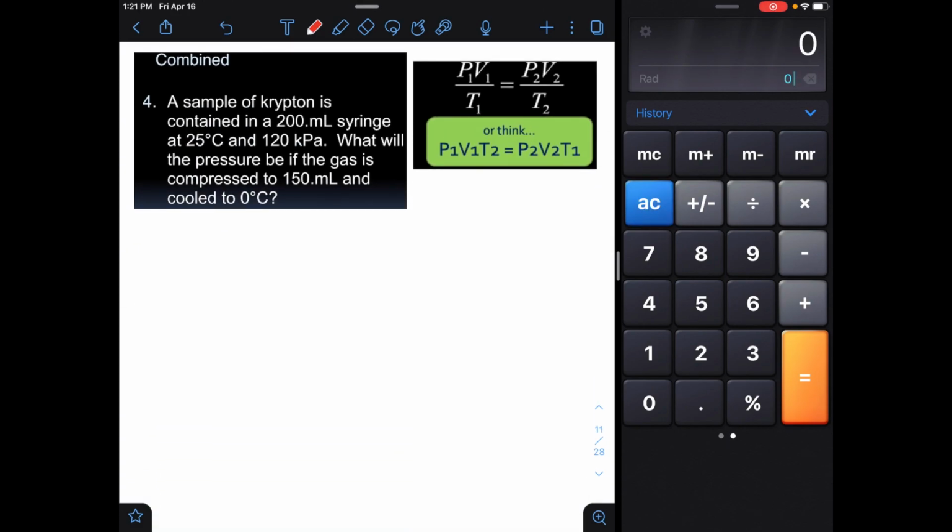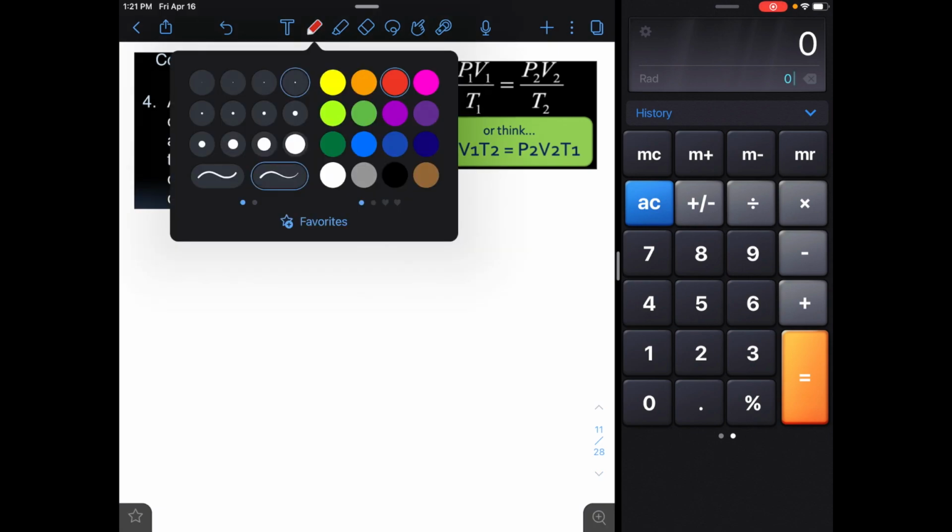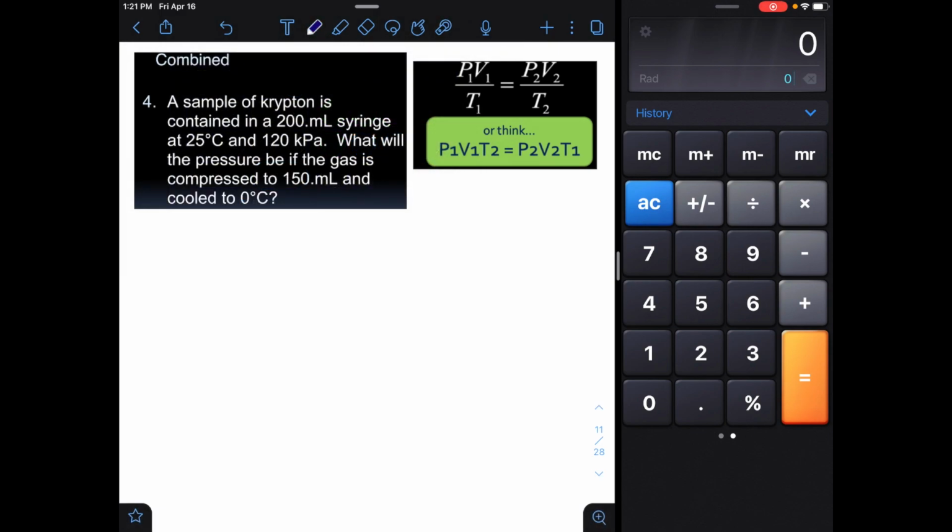Now, sometimes you have to do what's called the combined gas law, which means we're going to use all of these variables. The pressure, the volume, and the temperature are going to change. So in this example, I'm going to collect the variables. A sample of krypton is contained in a 200 milliliter syringe.